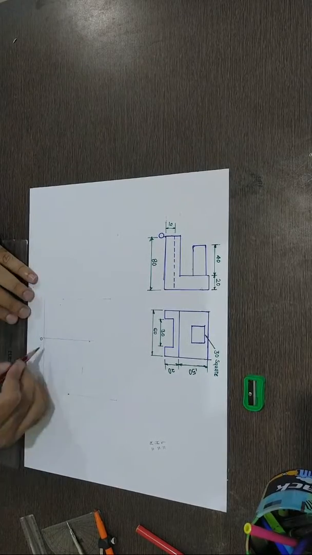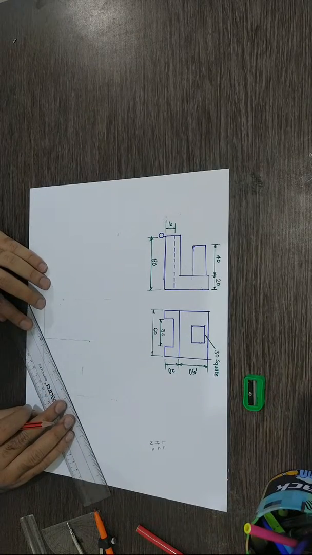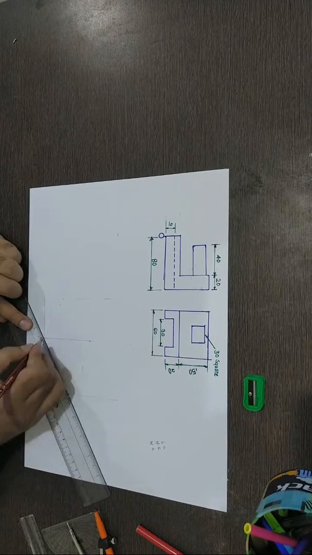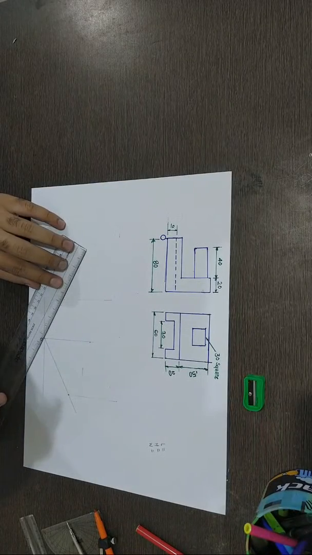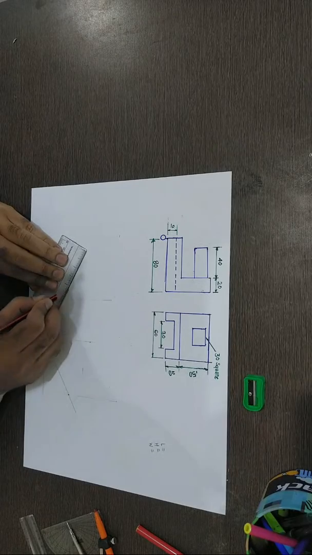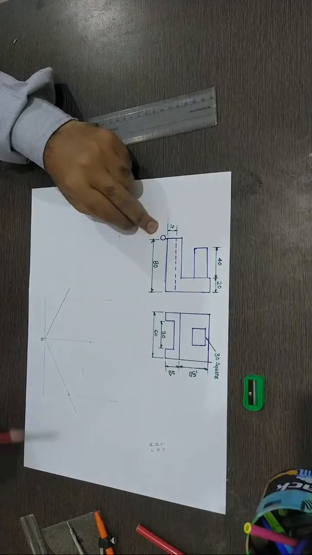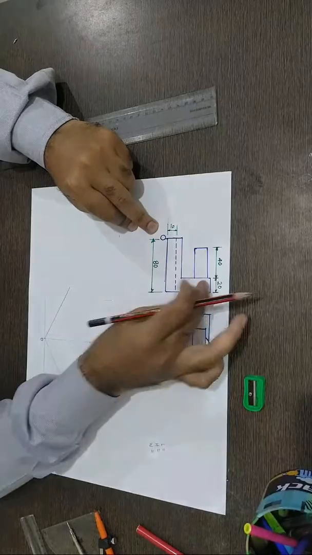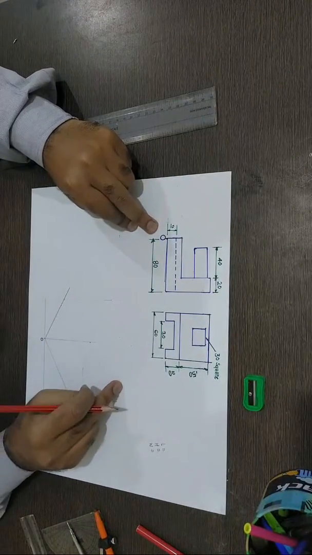Draw two 30-degree lines here, which I have already drawn for reference to complete the problem as early as possible. So this is a 30-degree line, same here, another 30-degree line. So with respect to this origin O, on the right side you have this L plate. So the L structure should be like this.